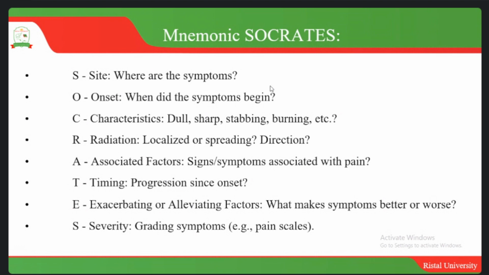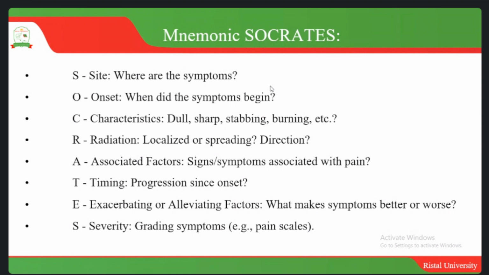Then also the severity. Severity matters, and in the case of severity, we look at grading symptoms. So you need to know the grading symptoms, for example, pain scales. And in the pain scales, we are supposed to know how to scale the pain of our patients. And when we scale the pain of the patients, we can tell how much pain the patient is feeling.